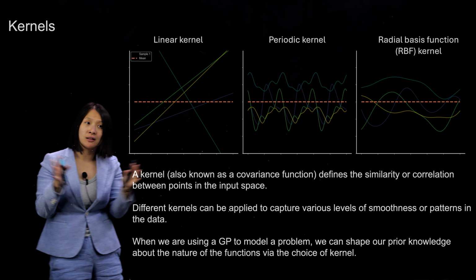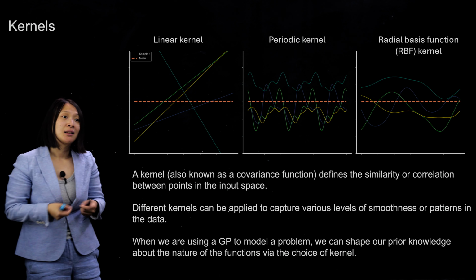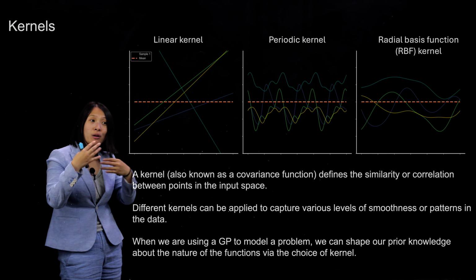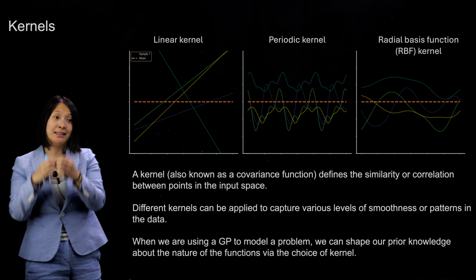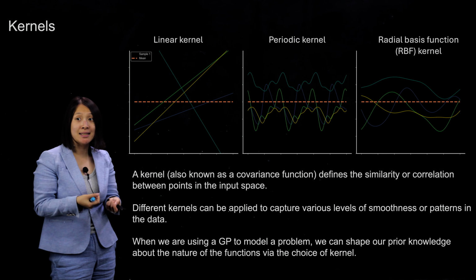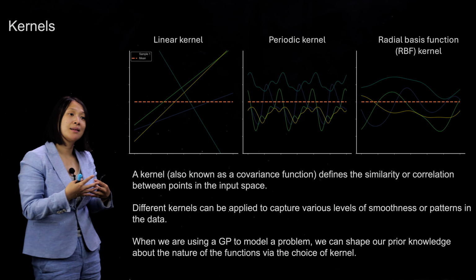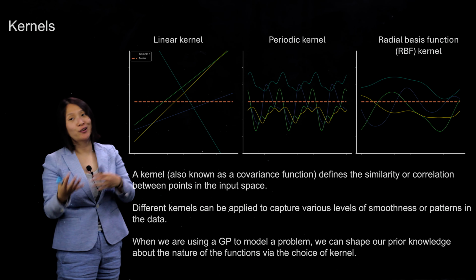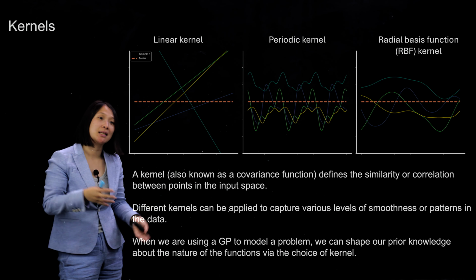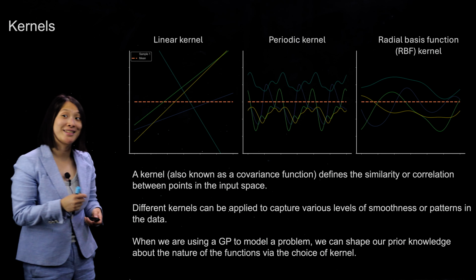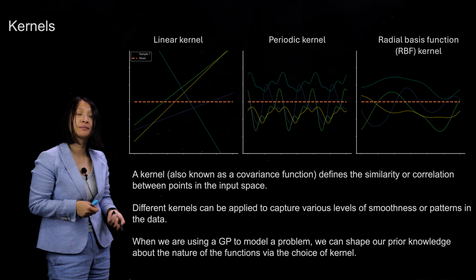So different kernels can be applied, and they capture various levels of the patterns of the data. In this way, when we have our own problem, we can put in our prior knowledge about the parameter space in the form of choosing an appropriate kernel.